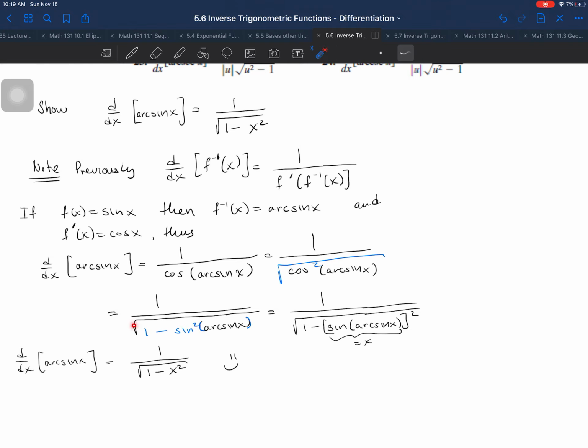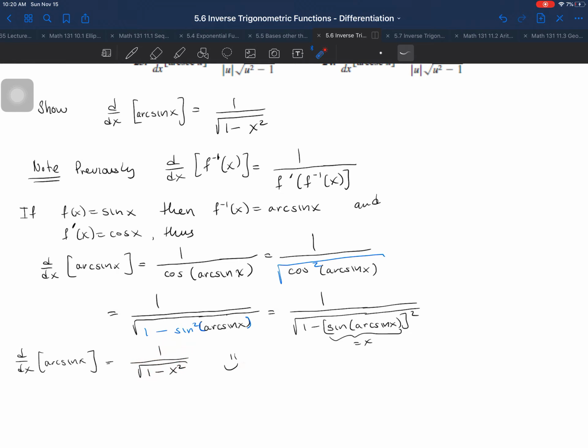Obviously, I can't do anything with the square root, so I leave it there. But remember that sine squared of an angle is, by definition, the sine of the angle, all squared, so I'm going to rewrite it outside. And so what we have is sine of arcsine, everything squared. Well, we know that these two are inverses of each other. They give you back x. And so you're left with the square there, and you're left with 1 over the square root of 1 minus x squared, which is what we wanted.